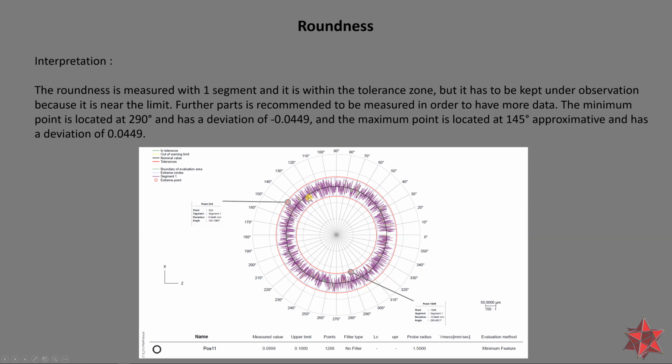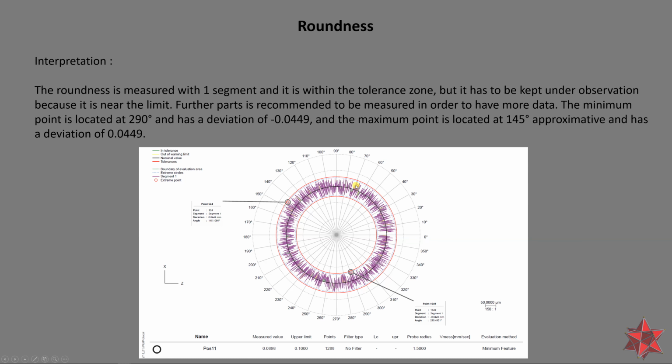Out of warning, we do not have the out of warning limit applied. The nominal value is with black, so we have here the nominal value. The tolerances are right here, but we also have boundary of the evaluation area.